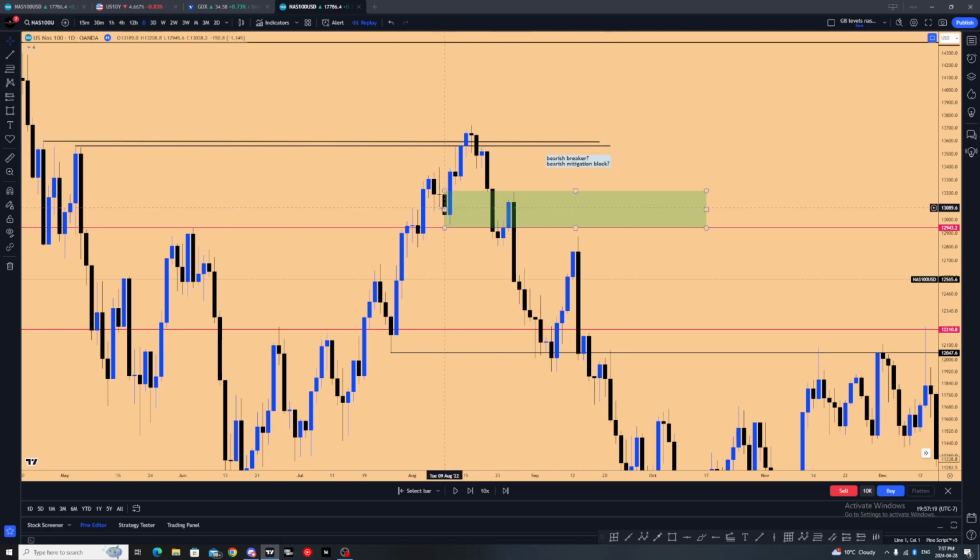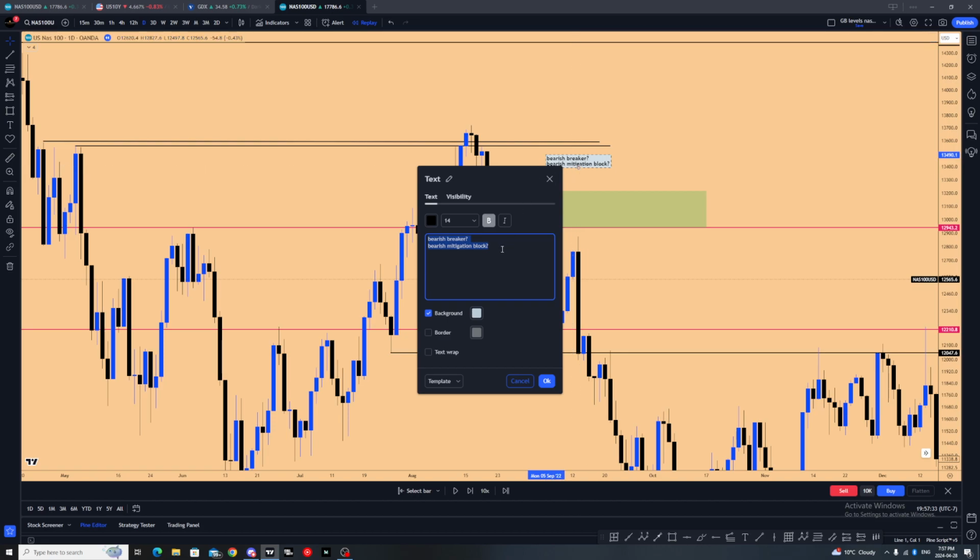So this down candle was responsible for thrusting up the market to take out these liquidity pools. And it should have held as support, but it didn't. Price punched below it. So this makes it a bearish breaker. It's not a mitigation block.